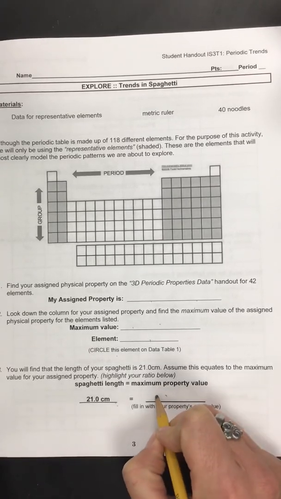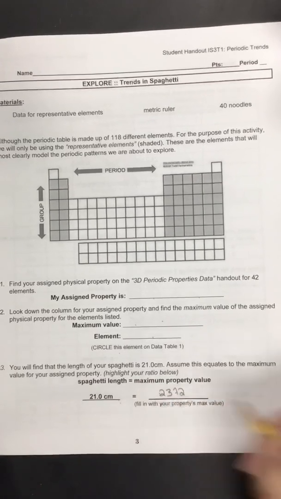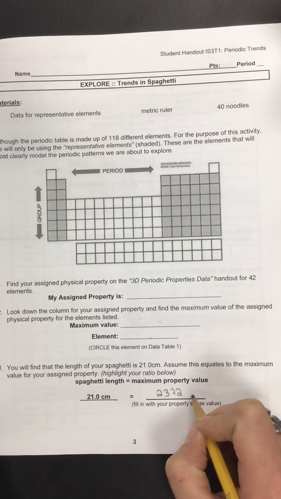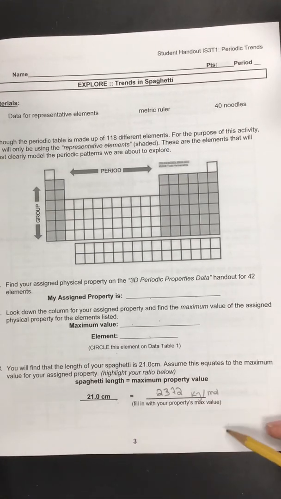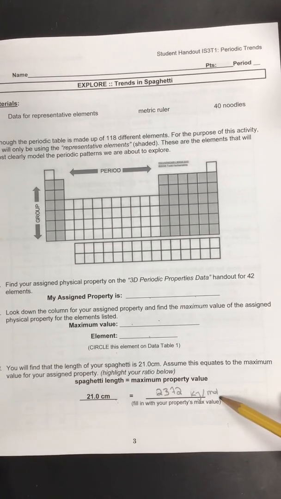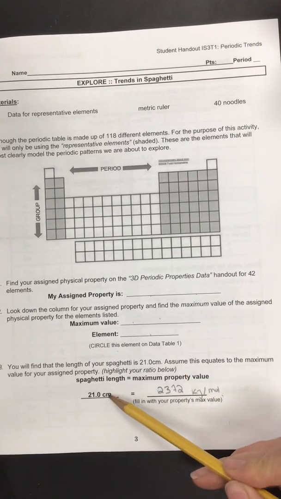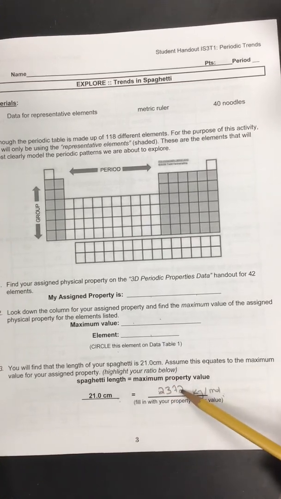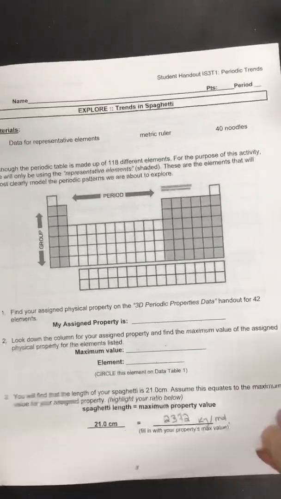So I'm going to write that in here. So I had 2372, kilojoules per mole. And remember that if you do not have ionization energy, you should be writing in what your maximum value is for either electronegativity or for atomic radius. So we're stating that this is the max in spaghetti, this is the max for our ionization energy, or whatever your property was. Okay?